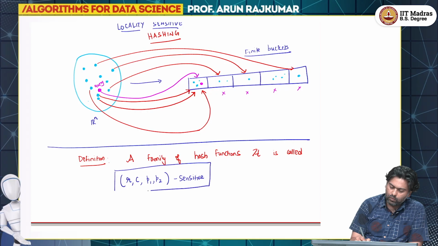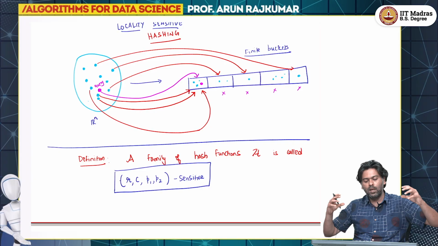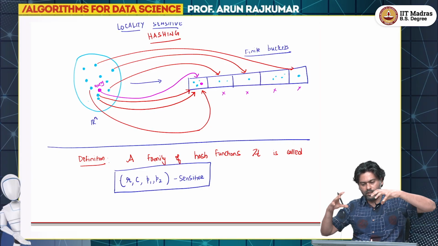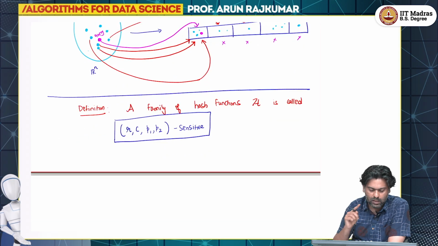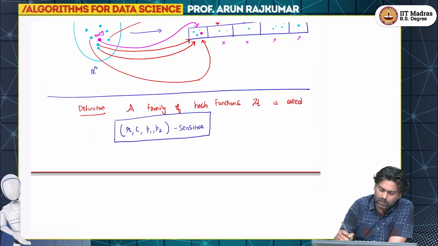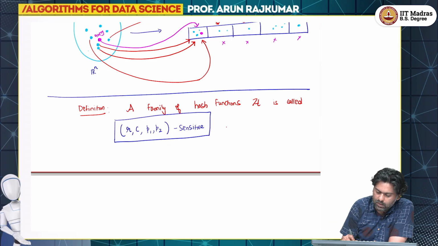Basically, you give me a set of hash functions, and I am going to call that set by the name (R, C, P1, P2)-sensitive. That's a strange name to give a set of functions, but I will tell you what that means.